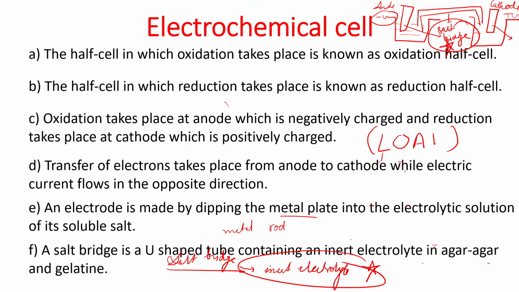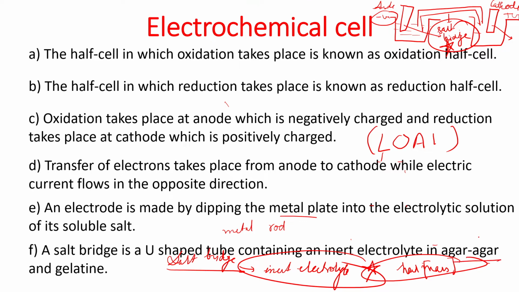So the electrolyte used in this salt bridge must be inert electrolyte, and that too in an agar or gelatin mixture. Agar and gelatin mixture provide a hard mass for the electrolyte to stay.